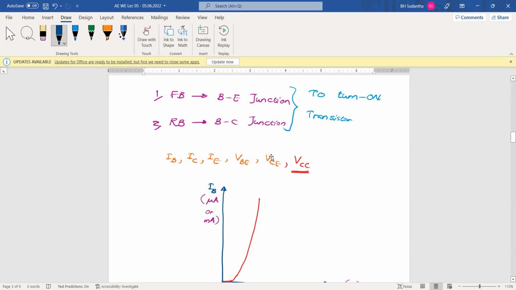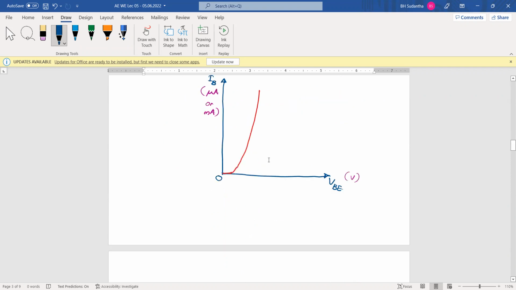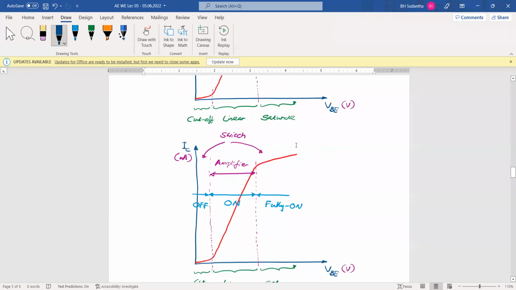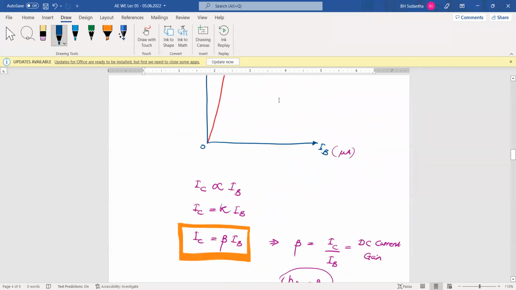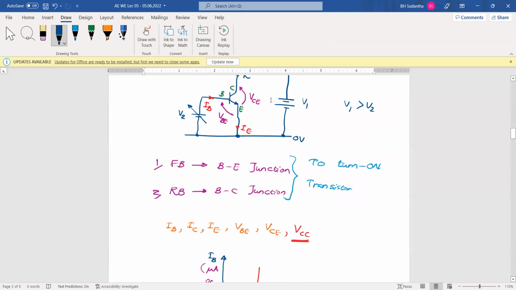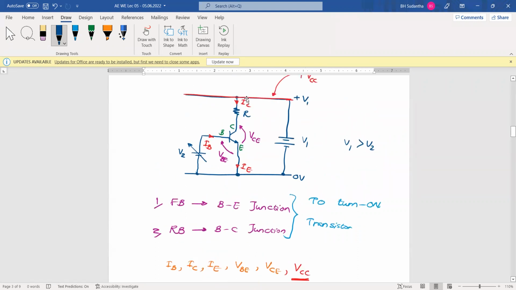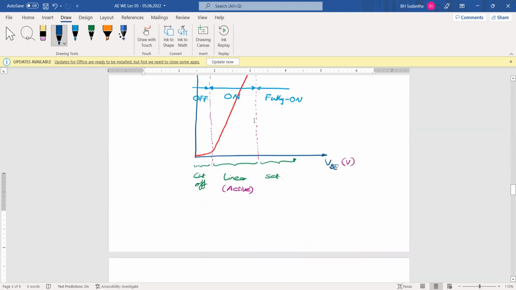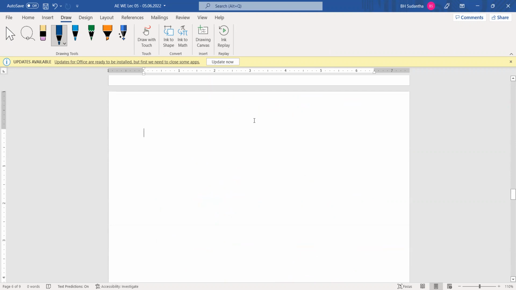Now the relationship between VCE and other parameters. What is VCE? VCE is this, the collector to emitter voltage.